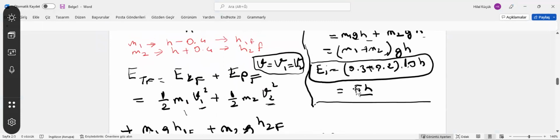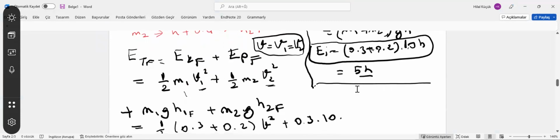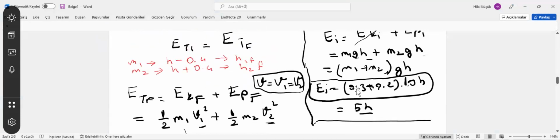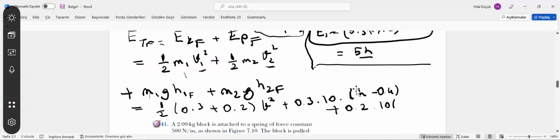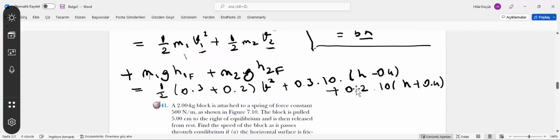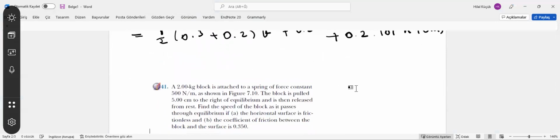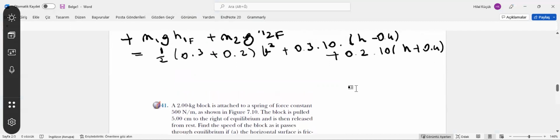What's the H1? H minus 0.4, plus, and right here, 0.2 multiply 10. What was M2? H plus 0.4. If you write everything here, it will be 0.5.